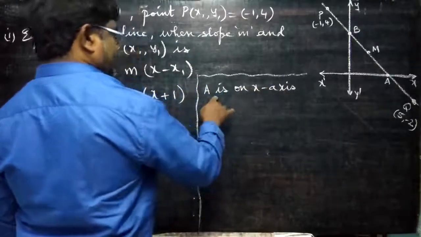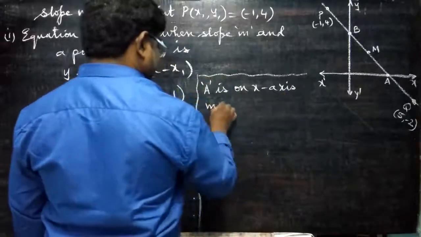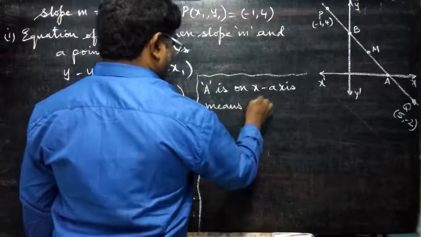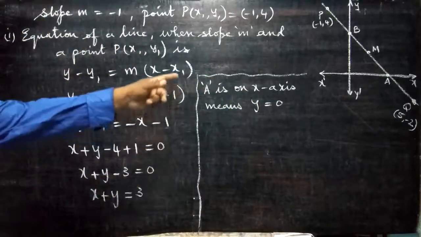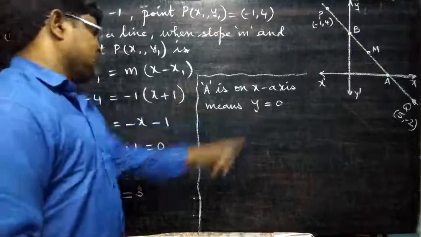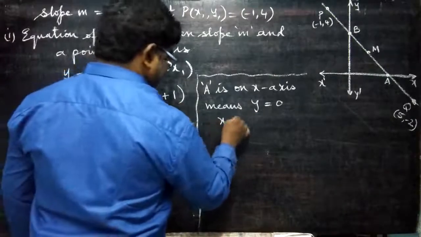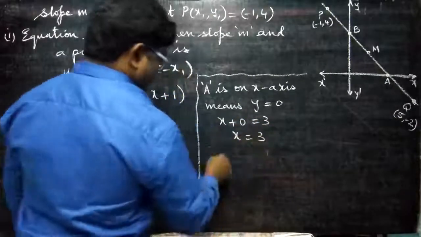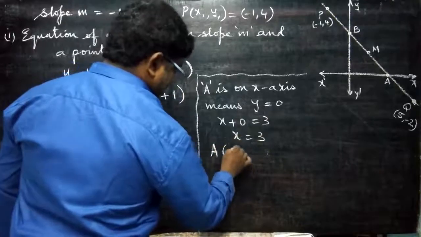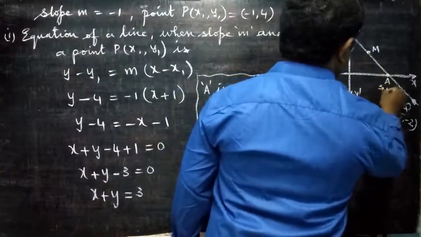A is on x-axis means y is equal to 0. Equation of x-axis is y is equal to 0. So in the place of y you write 0. x plus 0 is equal to 3. So x is equal to 3. What are the coordinates of A? Means (3, 0). So here (3, 0).